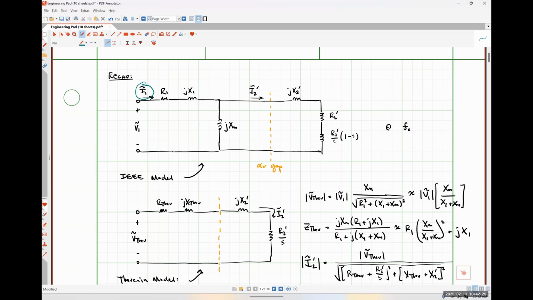So I think probably the easiest way to find this particular guy would be to find the equivalent impedance of the motor itself, and then simply divide the voltage that we apply across the motor by the impedance to give us our current. Okay. So that is the approach that I am going to take.